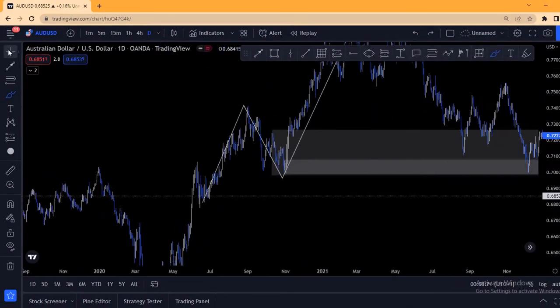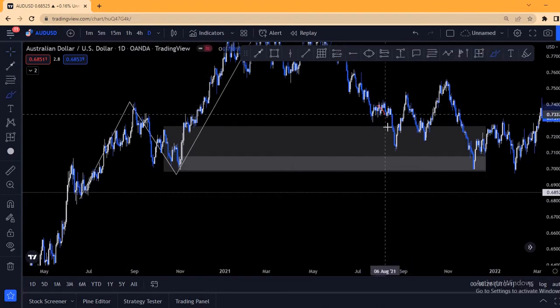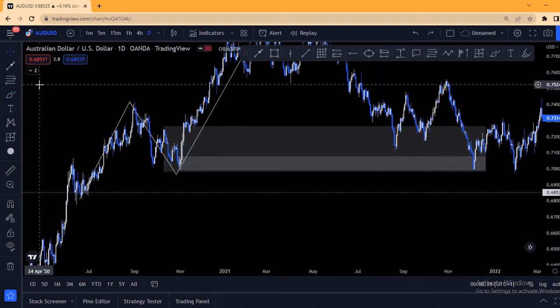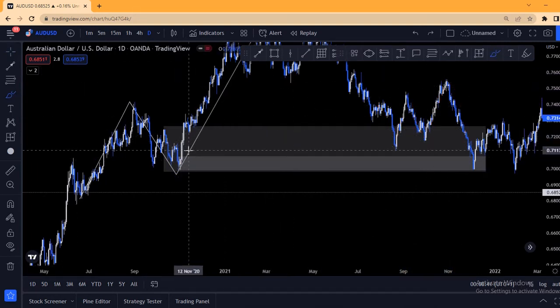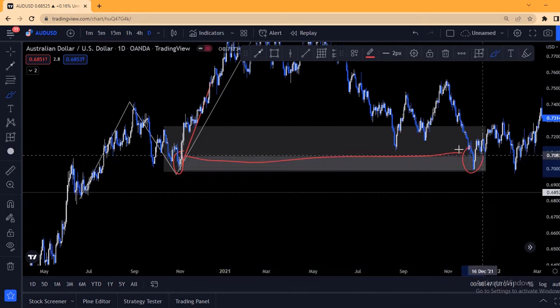The market tested this zone multiple times: it came into the zone one time, moved up, another time moved up again, came into the zone. But you can see this order block down here, the last bearish candle before this push up, got tested just once before we created the move.